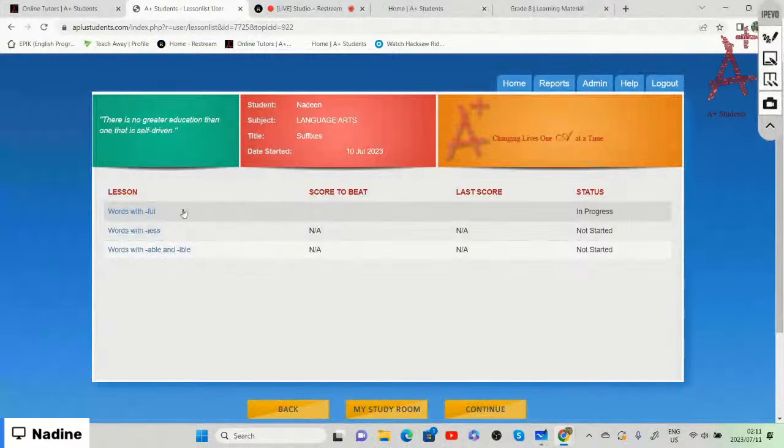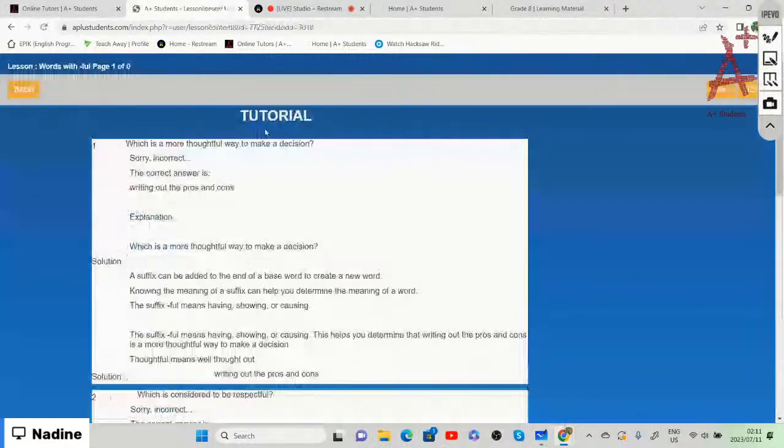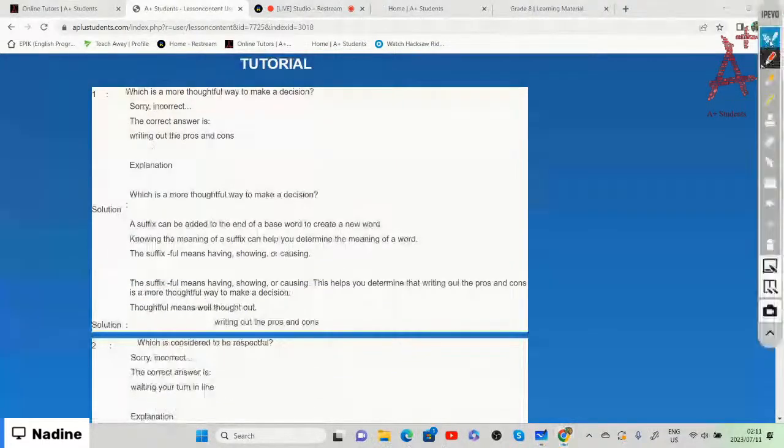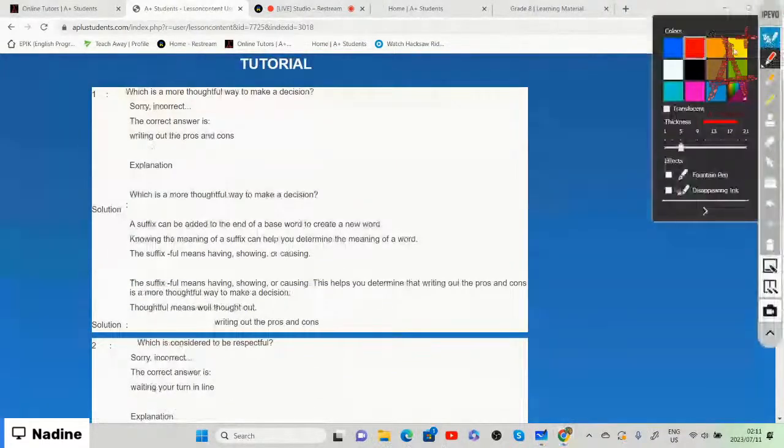We are now doing suffixes, words with full, words with less, words with able or ible. A prefix is added at the beginning of the root word to change its meaning, and now we are doing suffixes, which are added at the end of the word.